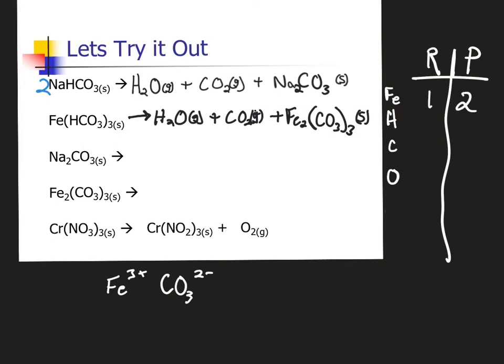Because I have it split up, everything inside that parentheses, that 3 gets distributed. Ooh, math term. Distributed inside. So it'll be 3 hydrogen, 3 carbon, 9 oxygen. So we go 3, 3, 9.